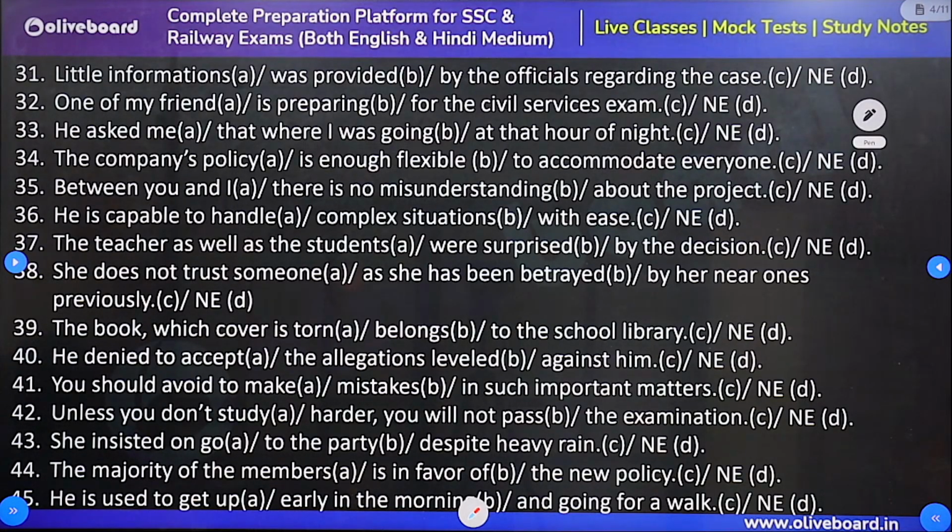38. 39. Precisely. 40. That's British and American.